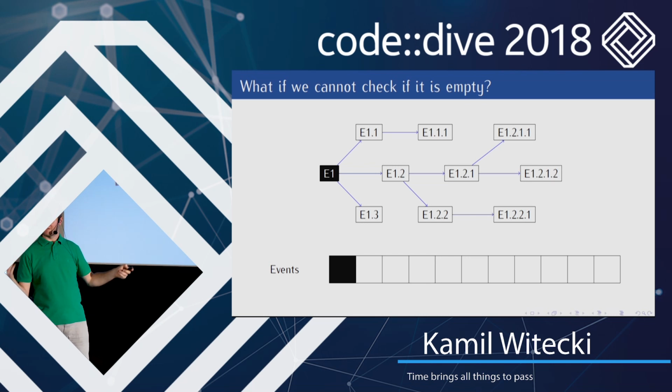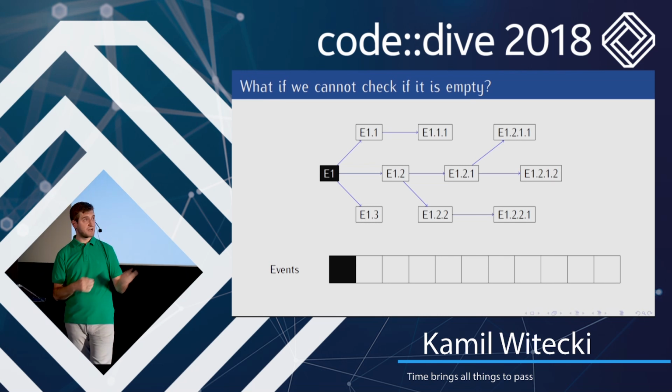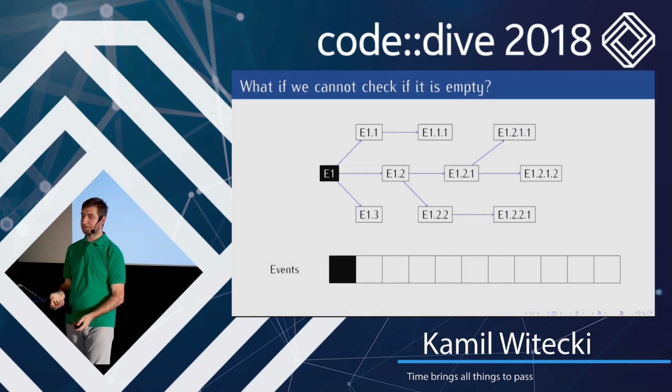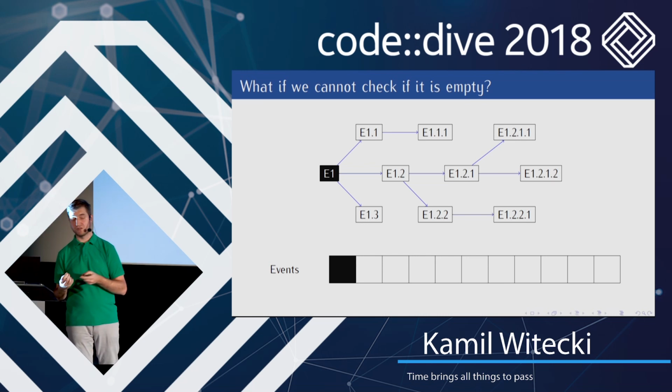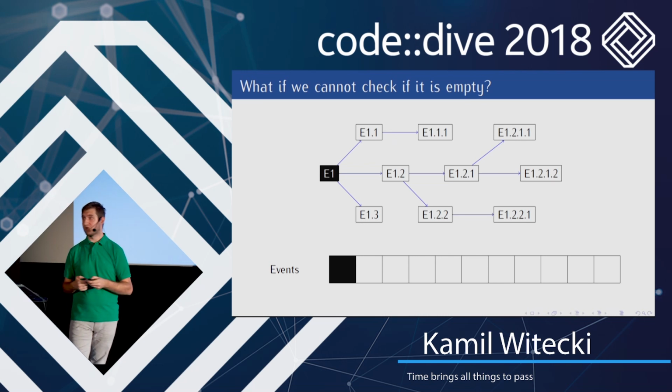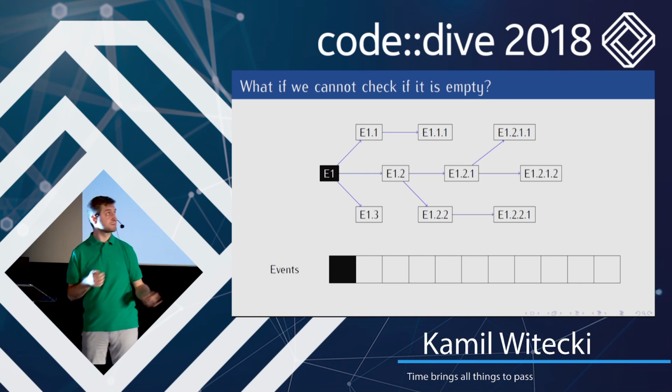And there will be gray events that will be getting added to the queue. So gray events are discovered ones, already scheduled, but not executed yet. Black event is the one currently being executed, and white events are the ones that were not discovered yet, so we don't know if they will be pushed or not. In this example, we will push all of these events, so there are no conditions, but normally there could be.